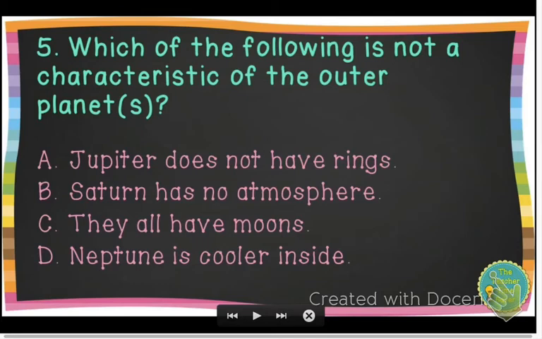A. Jupiter does not have rings. B. Saturn has no atmosphere. C. They all have moons. Or D. Neptune is cooler inside. The correct answer is D. Neptune is cooler inside. That is not a characteristic of the outer planets.